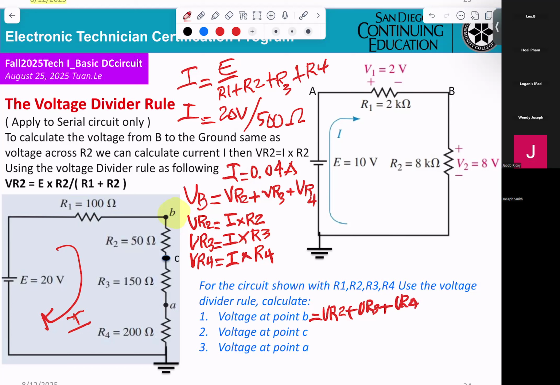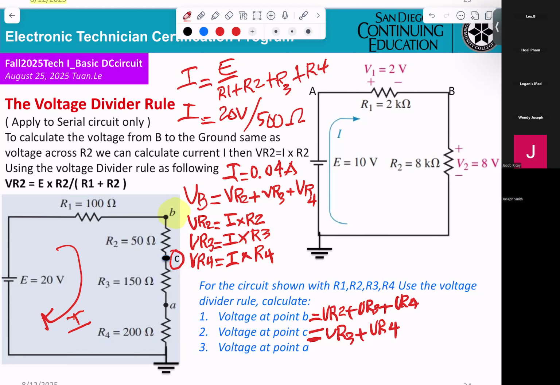Okay. Now, if they want VC, that means from here to the ground. So VC will be equal to VR3 plus VR4.